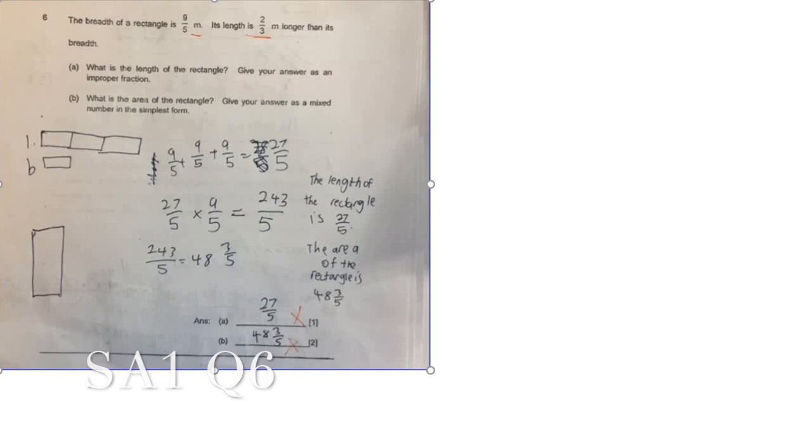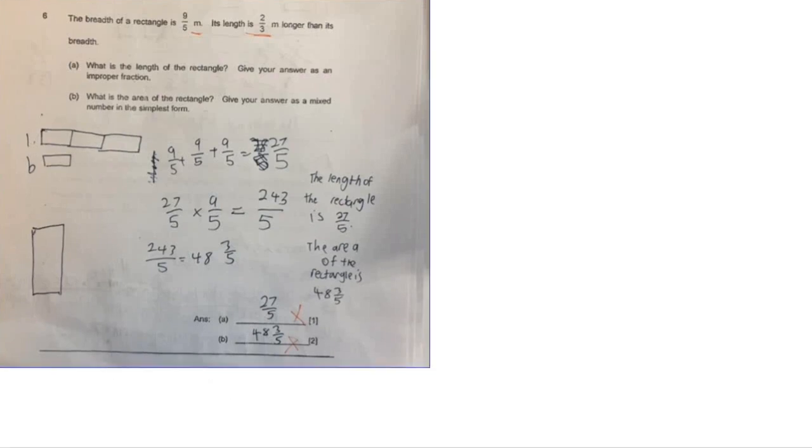Remember, for such questions, as I mentioned previously, you must always have a habit of checking whether it's a fraction or a meter. Here it says meter, and here is meter. Good, both are not fractions, so I'm very happy. I know that the breadth of a rectangle is 9/5 meter. So let me just draw a rectangle.